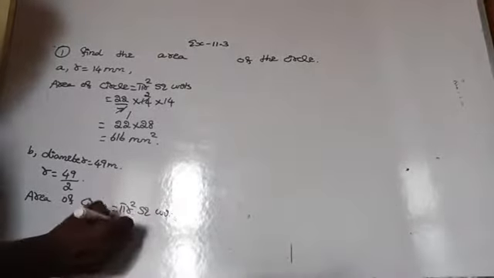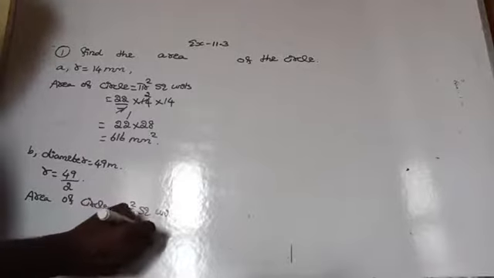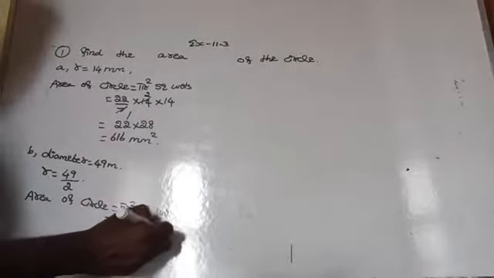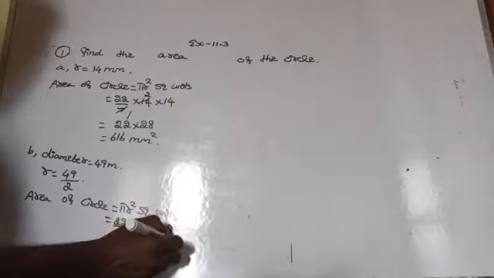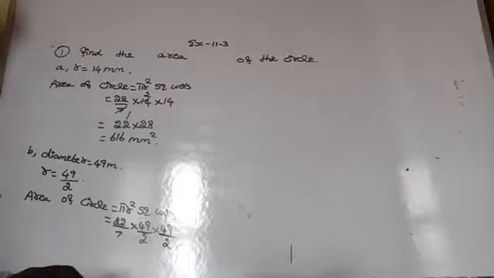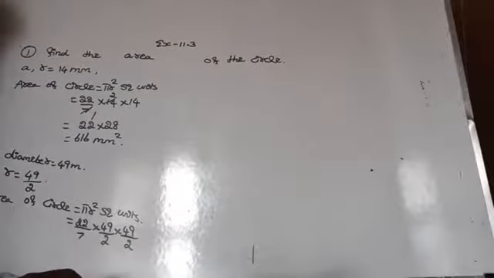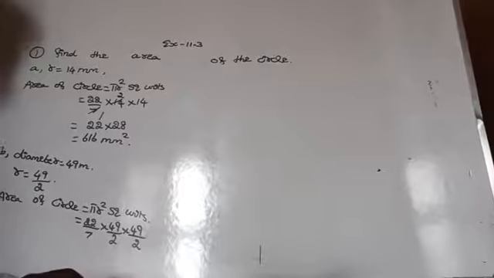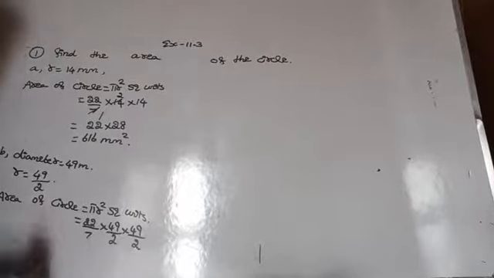That means 22 by 7 into radius, 49 by 2 into 49 by 2. Am I right here? Are you getting this one? The radius is 49 by 2, just substitute into that.